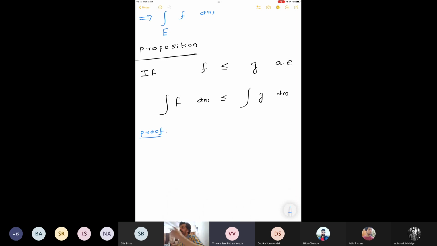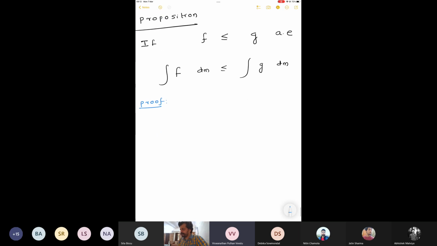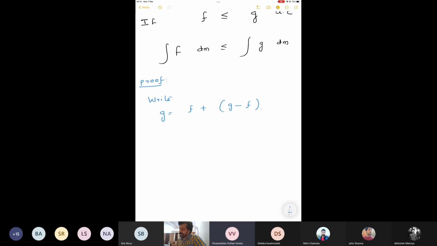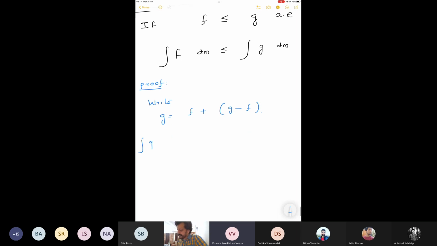We have to convert it into the case where f is equal to 0 almost everywhere. So what you do is write g equal to f plus (g minus f). Therefore, the integral over g dm, by the linearity we proved, is the integral over f dm plus the integral over g minus f dm.